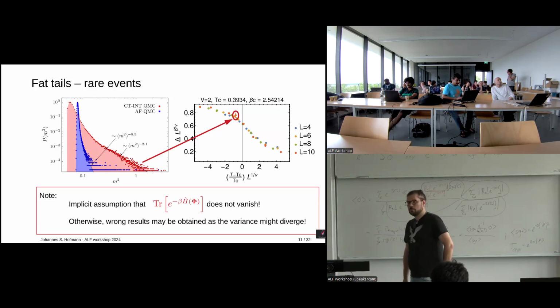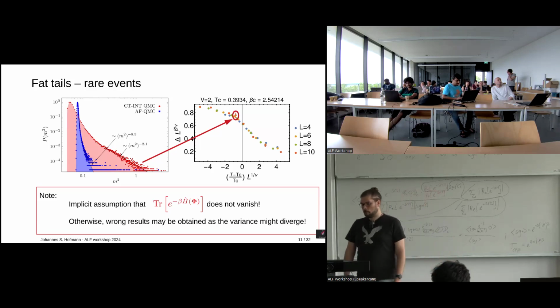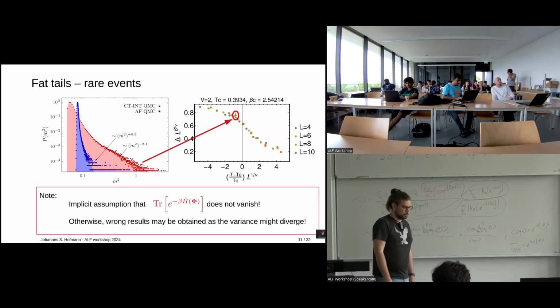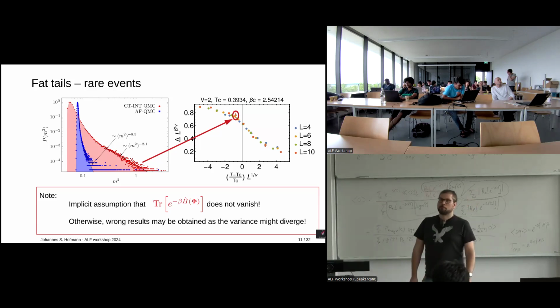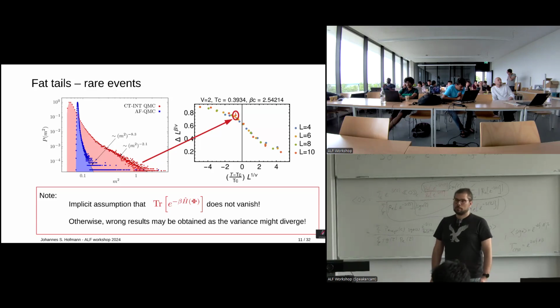If you reduce the dimensionality of these manifolds with zeros of the determinant, then the fat tails become less and less severe. The distributions fall with a larger power law.